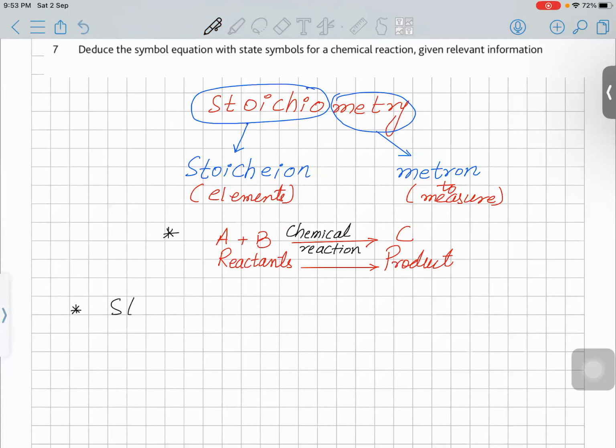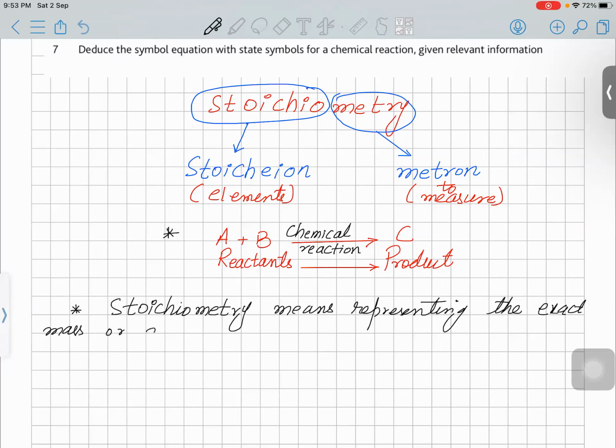So stoichiometry means representing the exact mass or moles. Mole is the unit of amount of any substance. Chemists mostly use the word moles instead of the word mass.